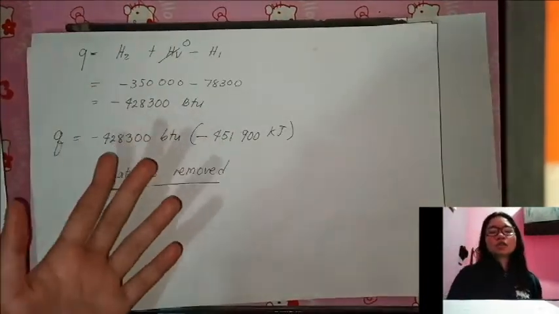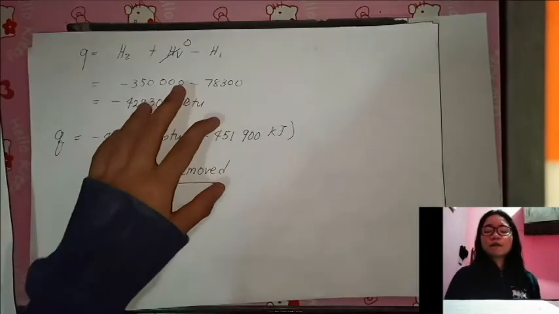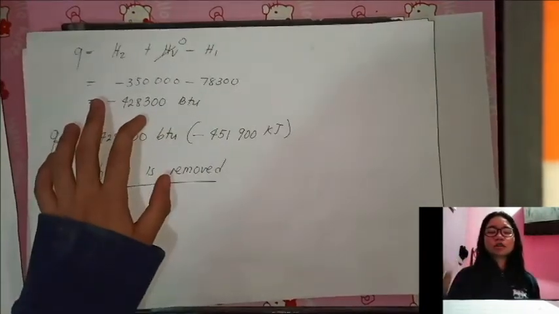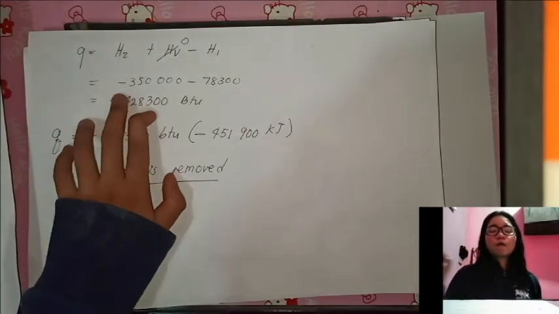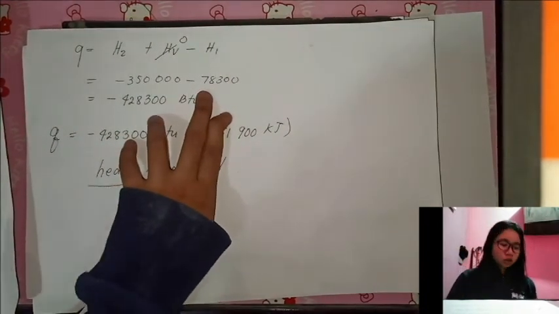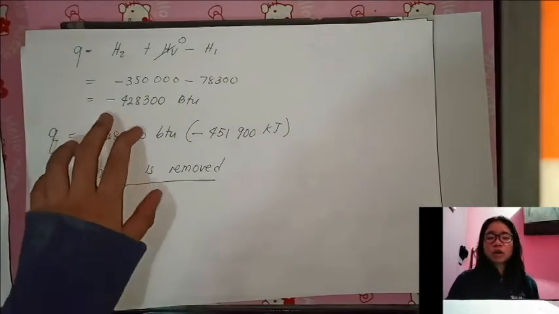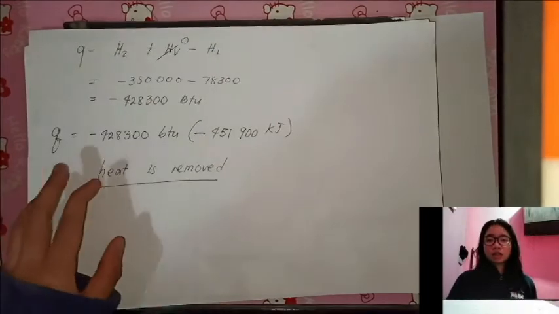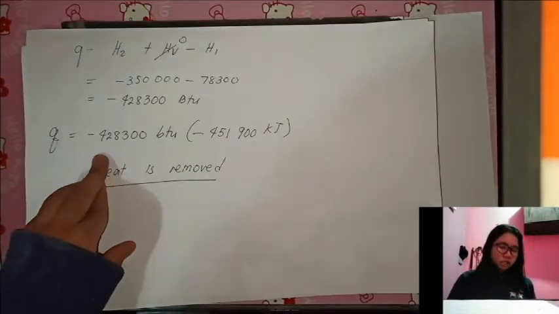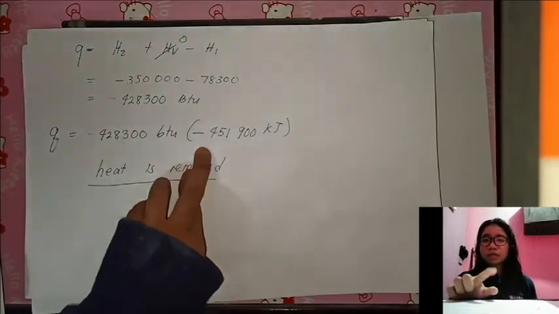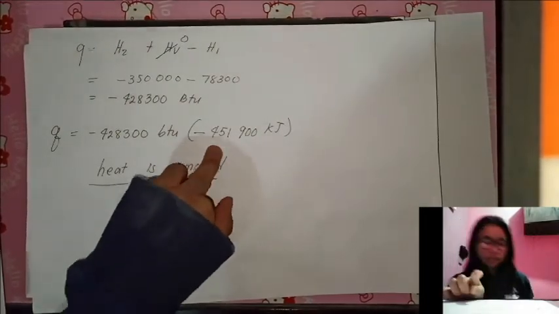Q equals negative 350,000 minus 78,300, which equals negative 428,300 BTU. So the total heat absorbed Q is negative 428,300 BTU.